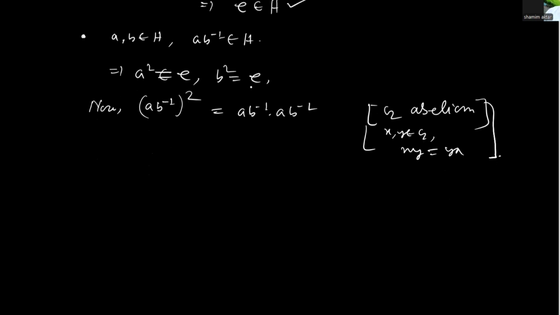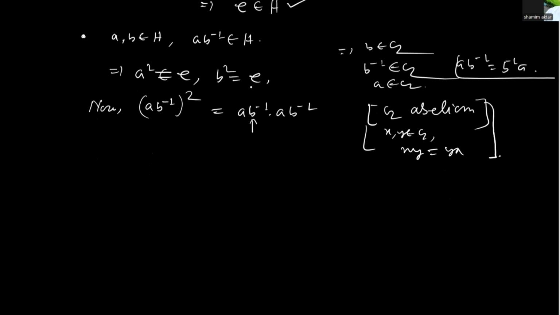Since b belongs to H, this implies b also belongs to G, and b inverse also belongs to G, and a already belongs to G. So by the abelian property of the group G, a b inverse equals b inverse a.